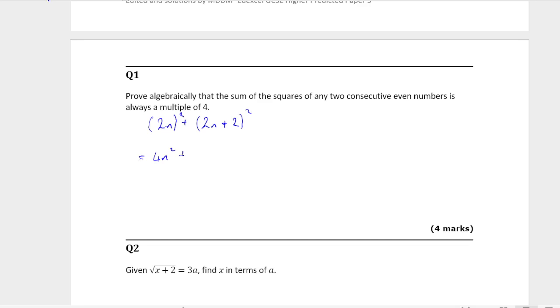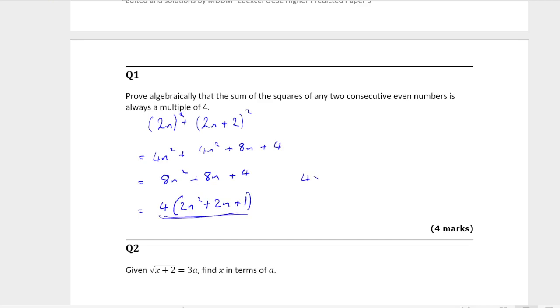And then if I multiply out this second bracket, that's going to give me 4n squared, twice the product would give me 8n, plus 4. And then when I tidy that up, I'm going to get 8n squared plus 8n plus 4. And then I can take a factor of 4 out, giving 4 times 2n squared plus 2n plus 1.